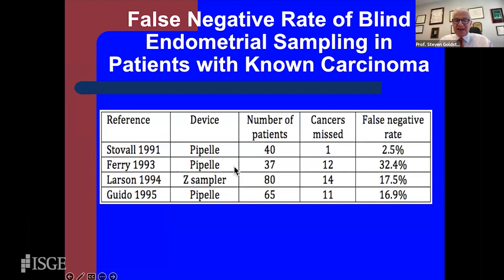Ferry, using the same device, in patients with known cancer, missed almost a third of the cancers doing blind sampling. Larson, using a Z sampler, missed almost 18%. But this paper by Guido really was great. In other words, Guido had 65 women with known cancer. He did a Pipelle in the operating room under anesthesia prior to their hysterectomy.